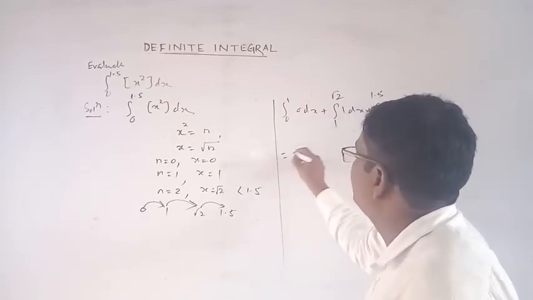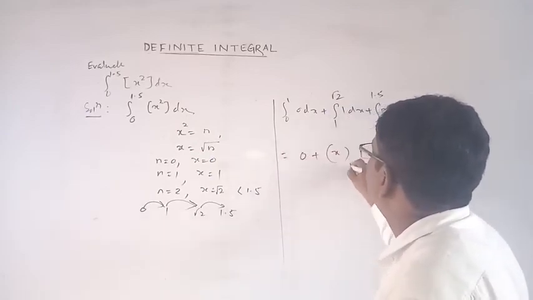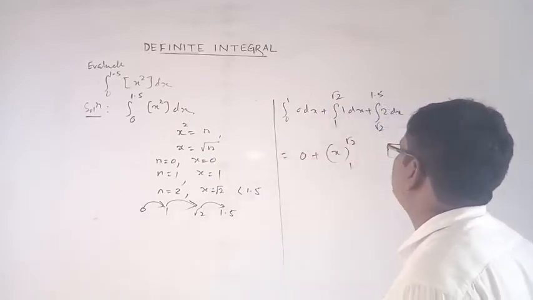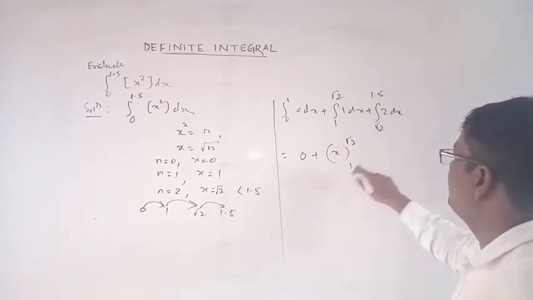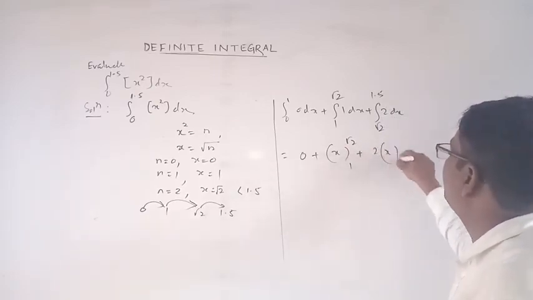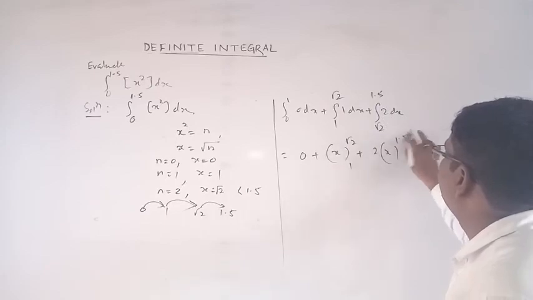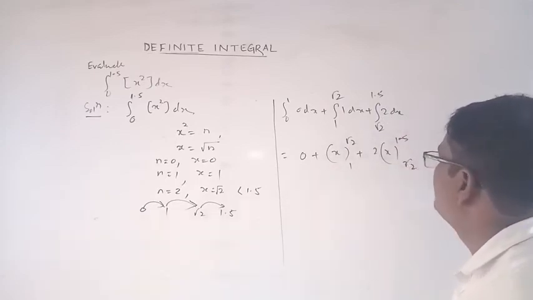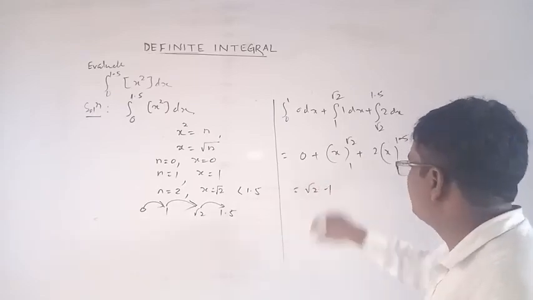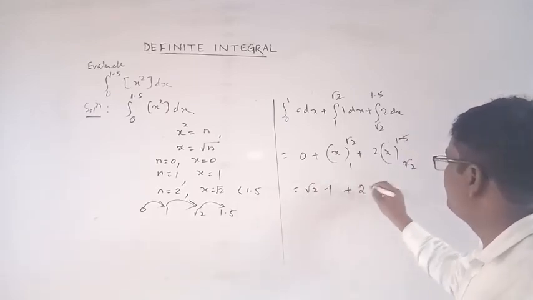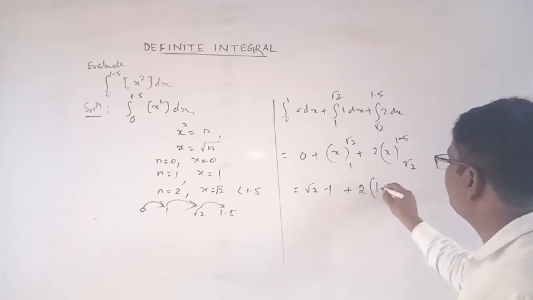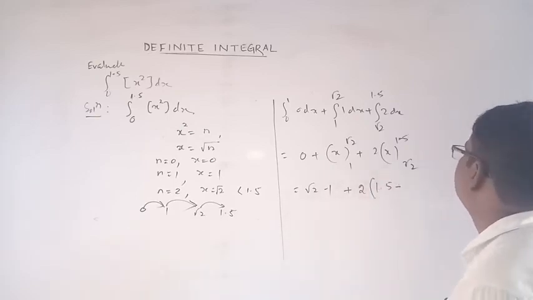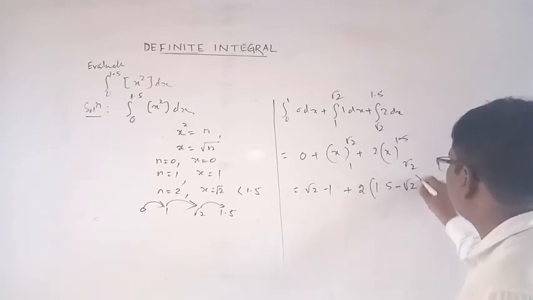So this is 0, and x from 1 to root 2, upper limit root 2, lower limit 1, plus 2x with upper limit 1.5, lower limit root 2. So this is root 2 minus 1 plus 2 into 1.5 minus root 2.